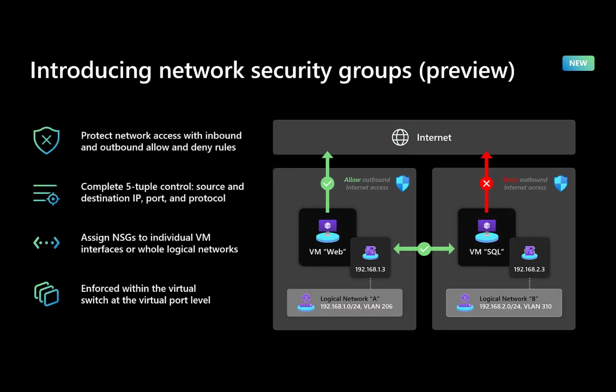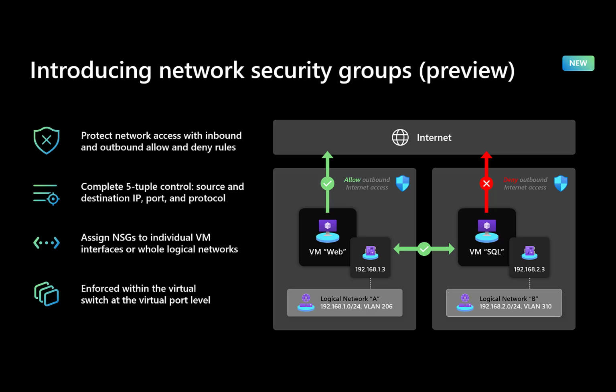Like I just briefly touched upon, but want to dive a bit deeper into here, is the strong security posture that you'll gain with our network security groups. Network security groups are really just a 5-tuple access control list that we place on the virtual port inside of the virtual switch on every Azure local node.